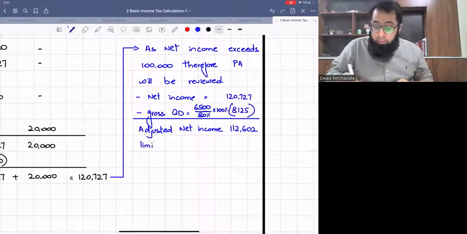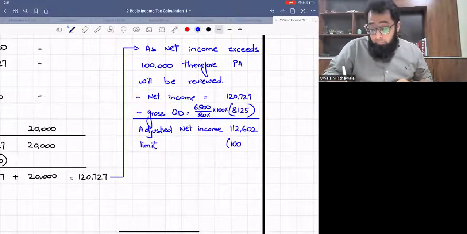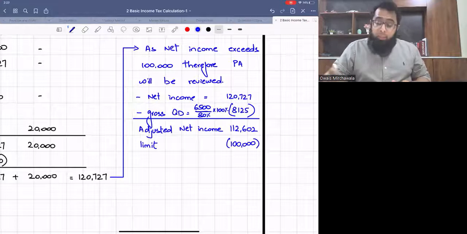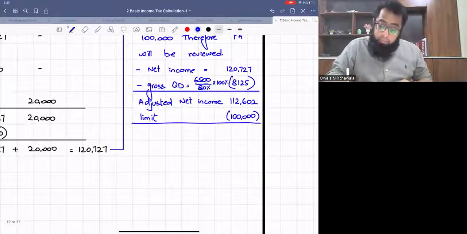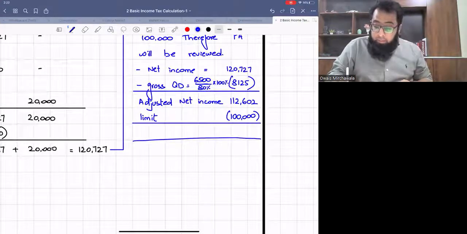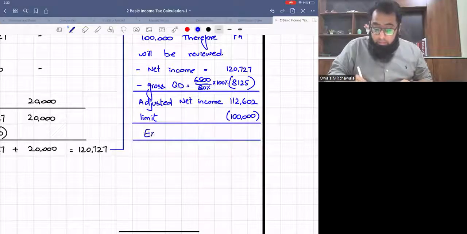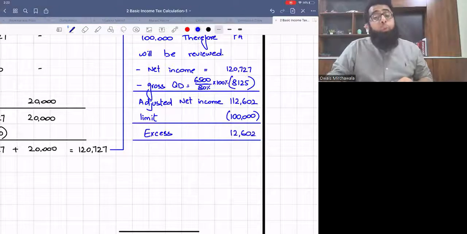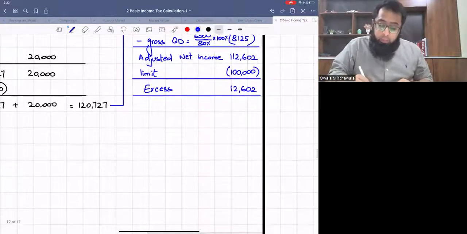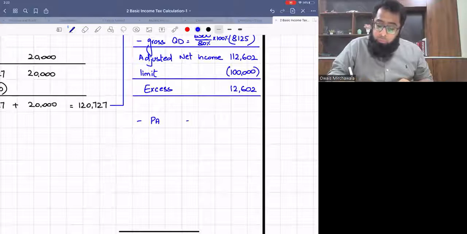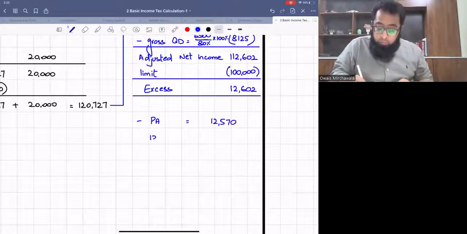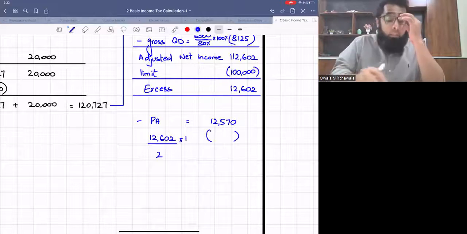The limit is 100,000. So this gives us an excess of 12,602. The personal allowance is 12,570. The allowance diminishes by 1 for every 2 of excess.